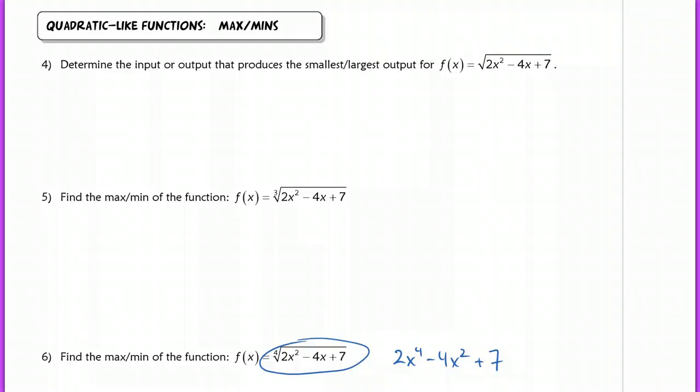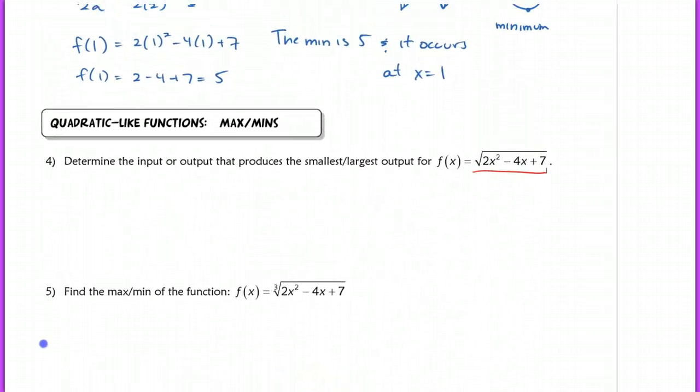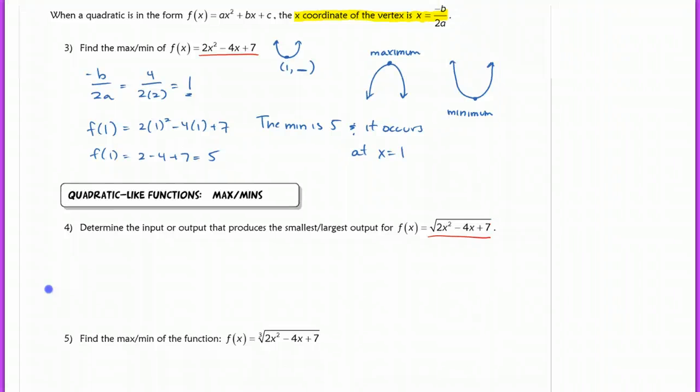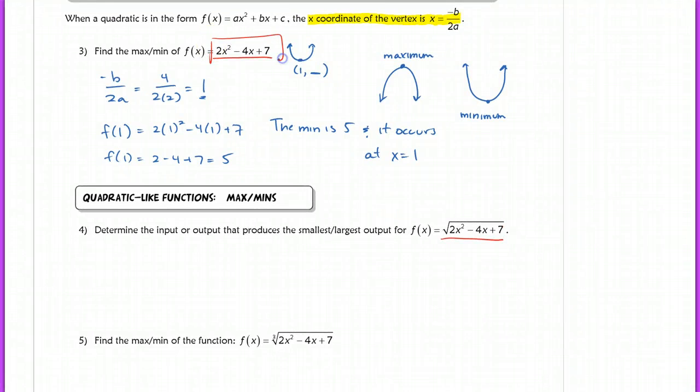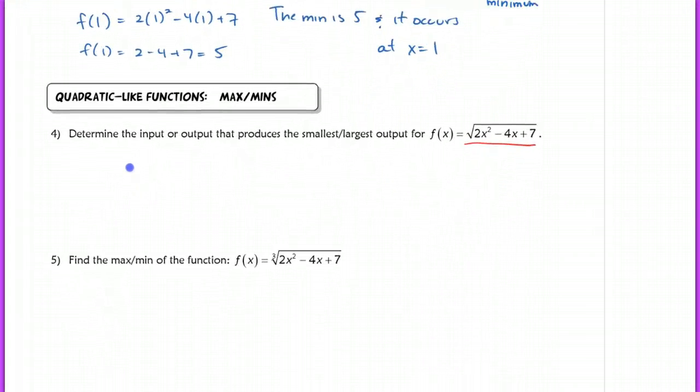Alright, so it says to determine the input or output that produces the smallest or largest output for this function. Now, in your homework and in your tests and quizzes, you're not necessarily going to have found the input before. We already found the minimum value for this quadratic, so we're kind of cheating.